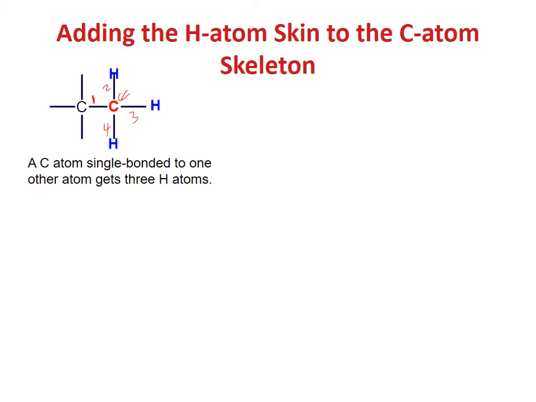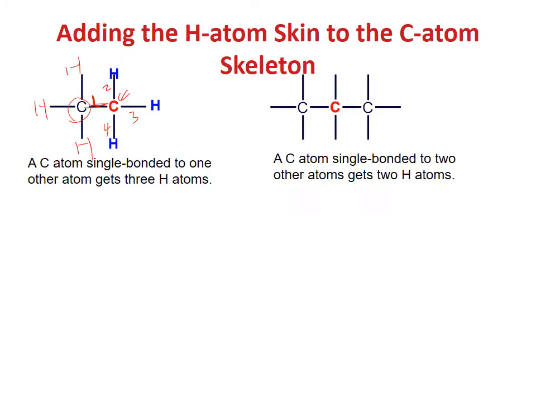Same thing for the first carbon. You already have 1 bond between carbon-carbon, so you also need to add 3 hydrogens. Now in this skeleton structure, the center carbon is connected to 2 other carbons, so 1, 2. In order for this carbon to have 4 bonds, you need to add 2 hydrogens.